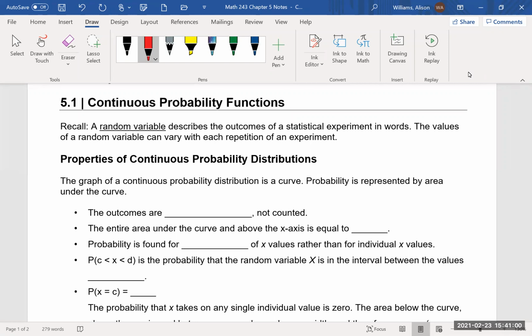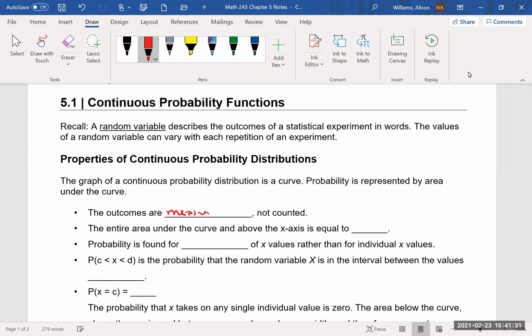So first thing, the graph of a continuous probability distribution is a curve. And we'll look at some examples of that in just a second. But what's interesting about this is that the area under the curve represents the probability. Okay. So if we're talking about an experiment with probability and the area under the curve represents the probability, there's some interesting facts that we should know. First, the outcomes are measured and not counted.